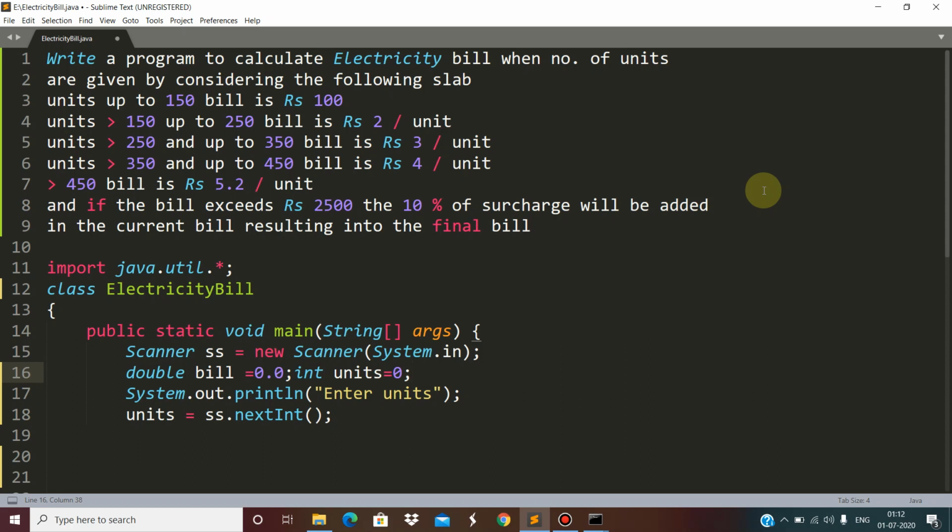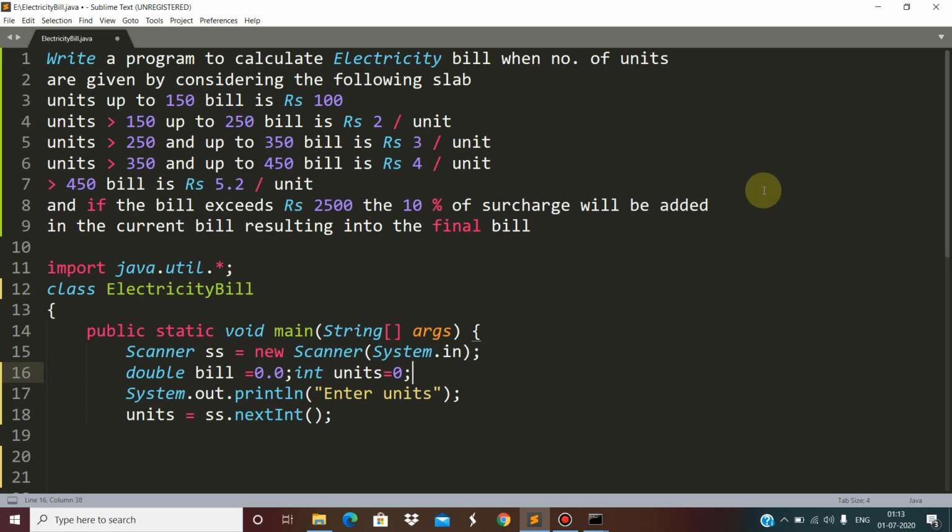Dear children, in this video I am going to show you how to calculate electricity bill when number of units are given by considering the following slab. When units are up to 150, the bill is rupees 100.